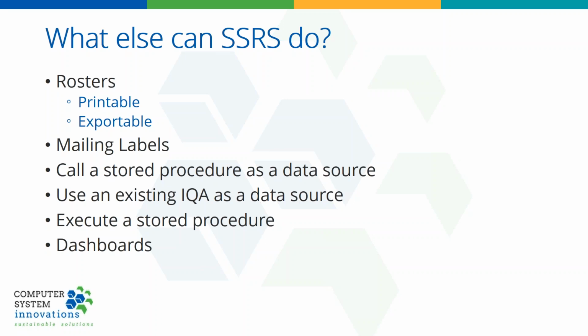We can also do some really fancy stuff with SSRS in calling a stored procedure as a data source. We can also use an existing IQA. So some of you who have already made some progress in using IQA, you can also use it as a data source within your report. You can also have the report execute a stored procedure. So if you need some actions to happen after the report is produced, you can do that.